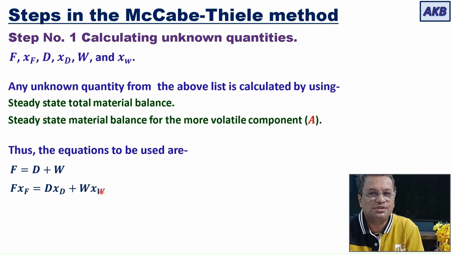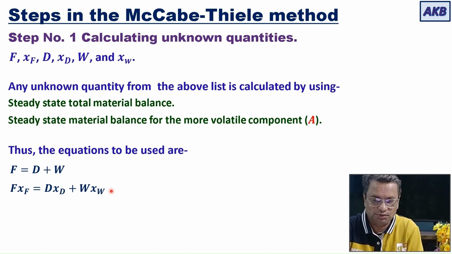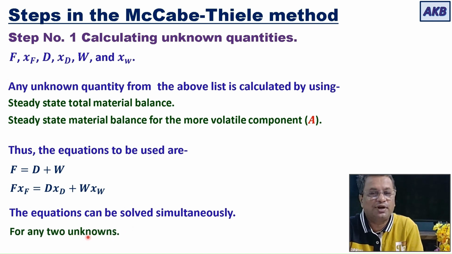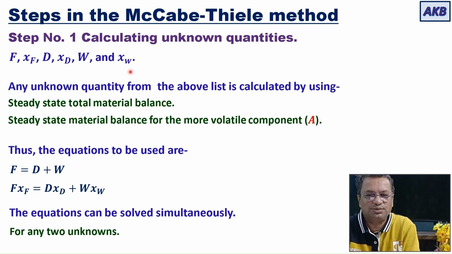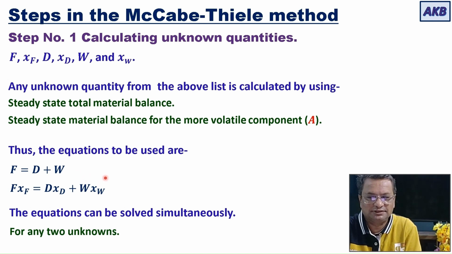So you have 2 equations, and these 2 equations can be solved simultaneously, and by doing that, you'll be able to find any 2 unknown quantities out of these 6. Okay, so the first task would be to find any unknown quantity in this way. I have discussed these balances in my earlier videos on distillation.